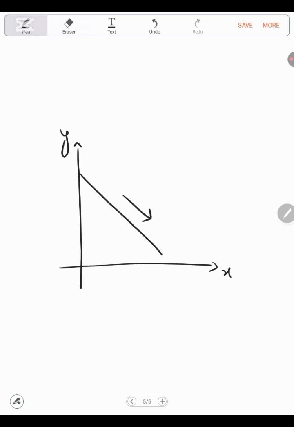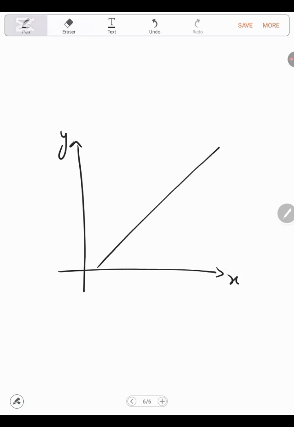If it's moving downwards, then the slope of this line will be negative. So the standard equation of such a line is going to be y equals minus mx plus c.